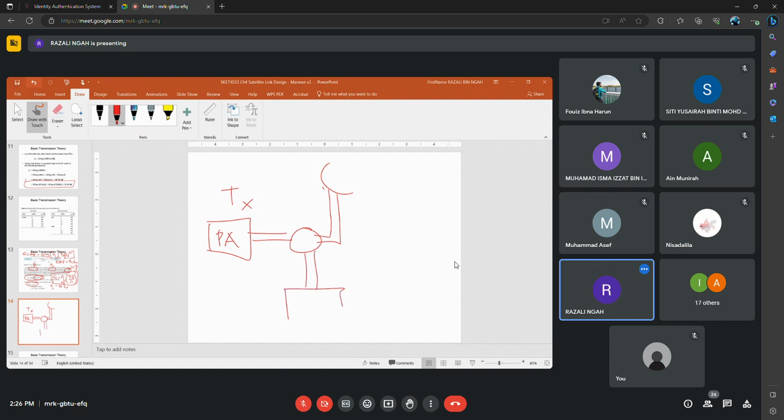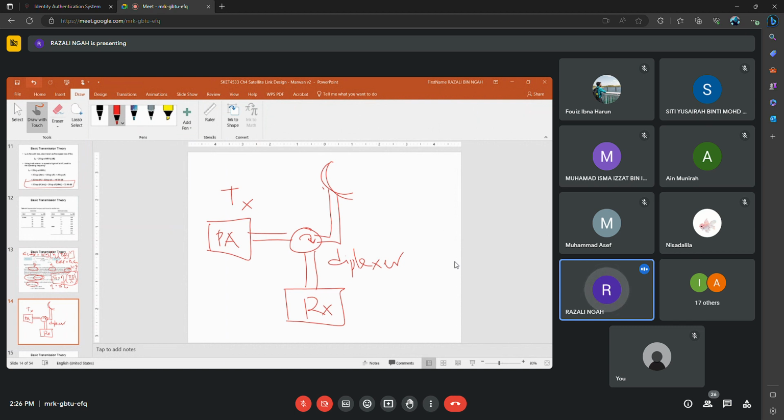For this we use a duplexer. A duplexer is something like a circulator. The function is to separate between transmitter and receiver, when we share the same antenna, or use one antenna to receive and to transmit.